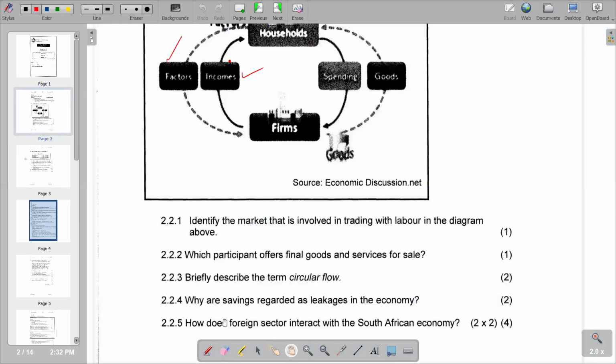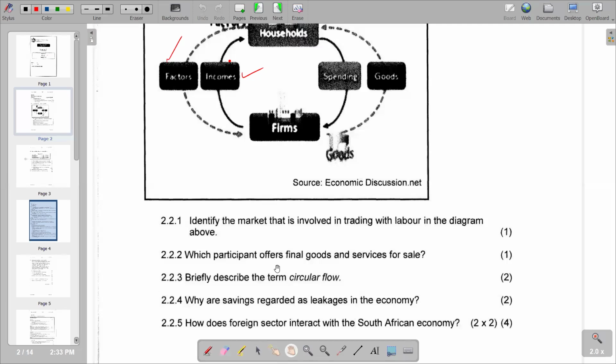Then moving on to the next question: why are savings regarded as leakages in the economy? Obviously, as we have savings, we are going to have a reduction in the income that is circulating. Remember, savings is described as income that is taken and kept somewhere without being utilized. So obviously, it becomes a reduction of income that is circulating in the circular flow. So it is a leakage.